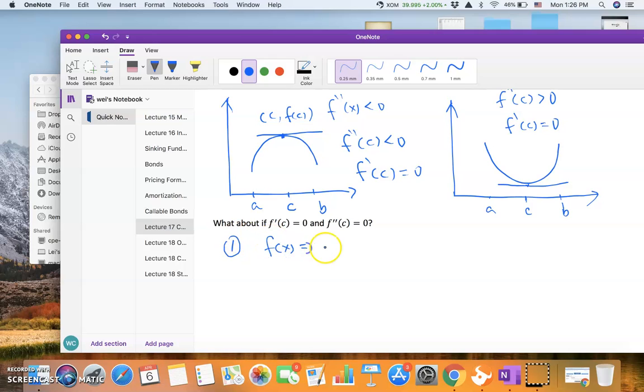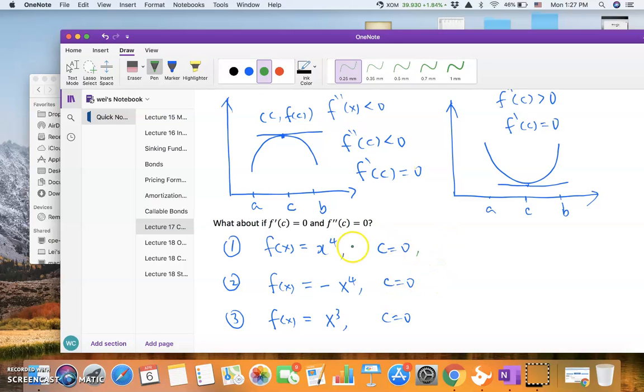One is f(x) equals x to the fourth, and we let c be 0. The second function is f(x) equals negative x to the fourth, and c is still 0. And the third function is f(x) equals x to the third and c equals 0.